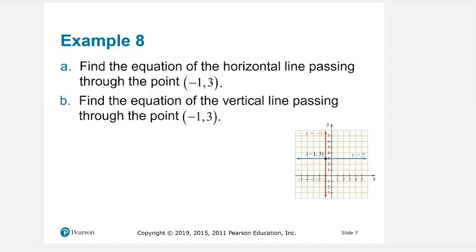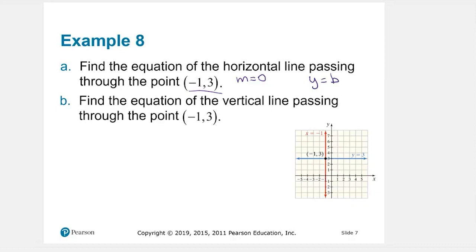So let's do our final problem. Find the equation of the horizontal line passing through this point. A horizontal line, remember, has a slope of 0. So m equals 0, which means y equals b. I don't really care about what the y-intercept is, because all the y values are going to be the same.